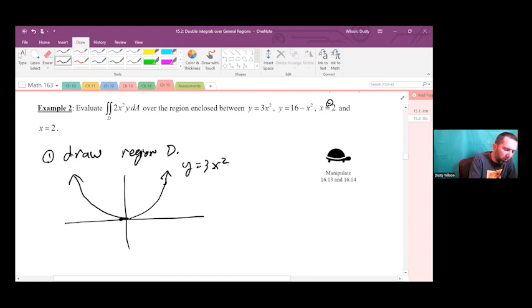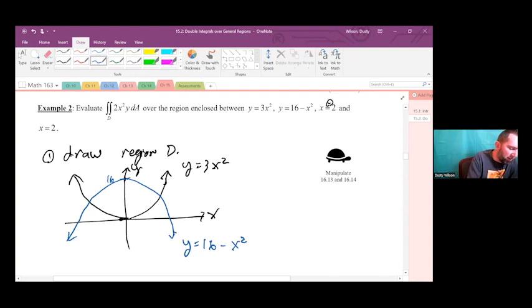And there's also a frowny parabola. This would be at 16. Okay. And this would be y equals 16 minus x squared.